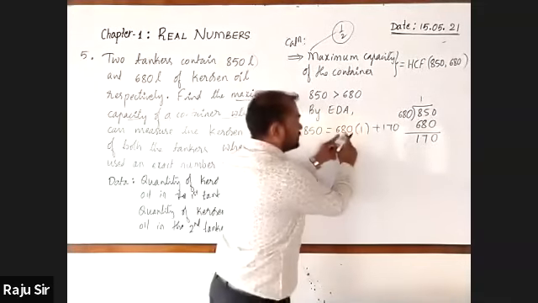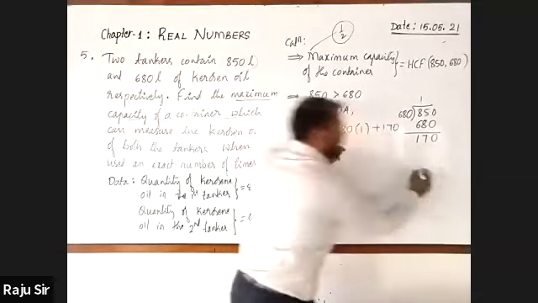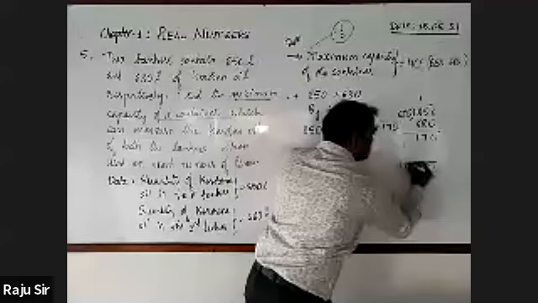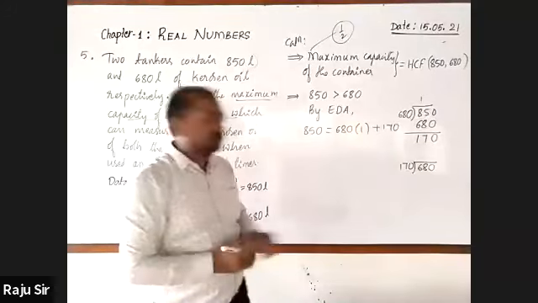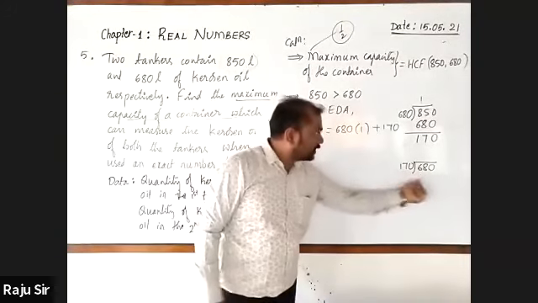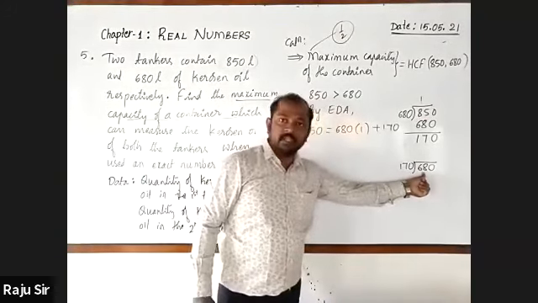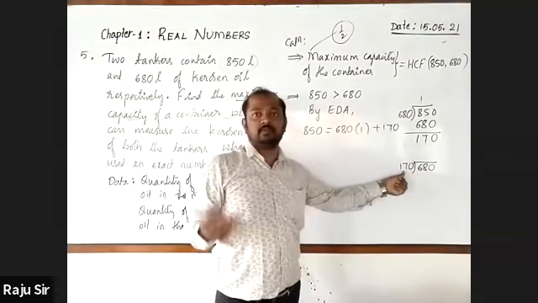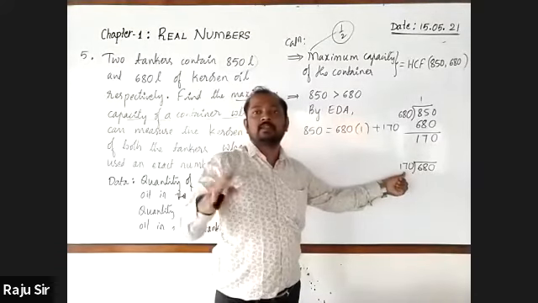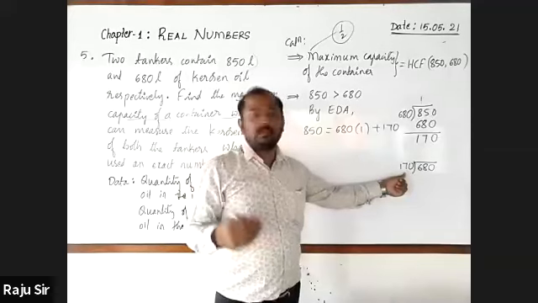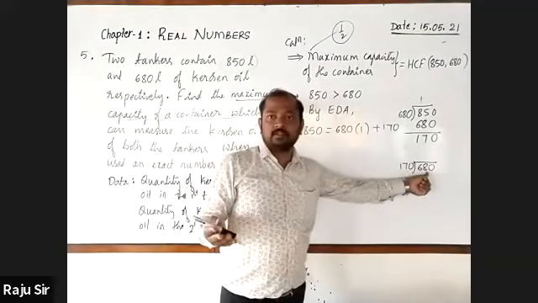Now divide 680 by 170. Just by observing, you can tell that 68 is a multiple of 17. You are very familiar with the table of 17. 17 fours are 68, then 170 fours are 680. It's very simple.